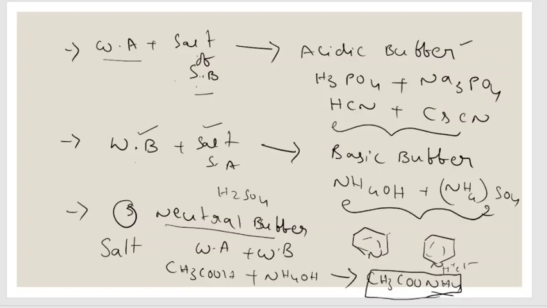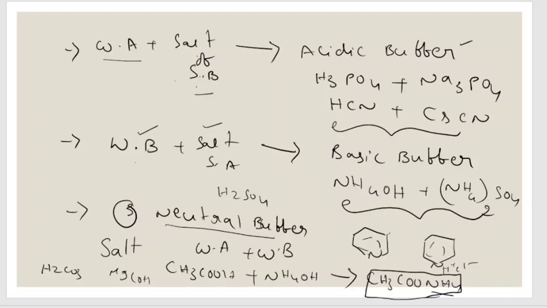So one more example we can give for the neutral buffer. For example, H2CO3 is a weak acid, and let's take another weak base instead of NH4OH. Let's take Mg(OH)2.